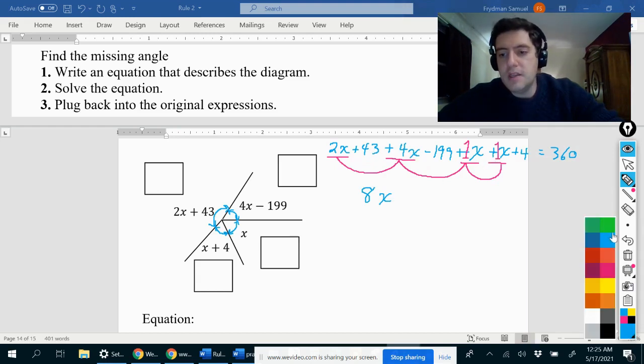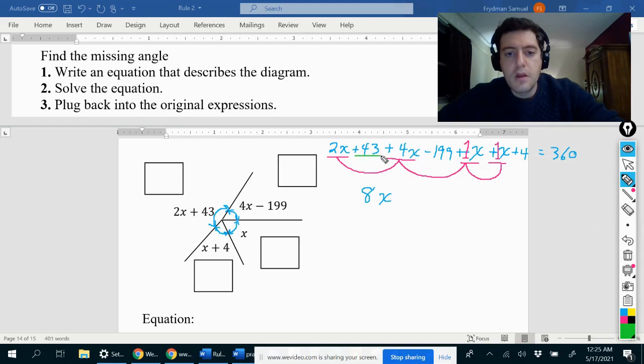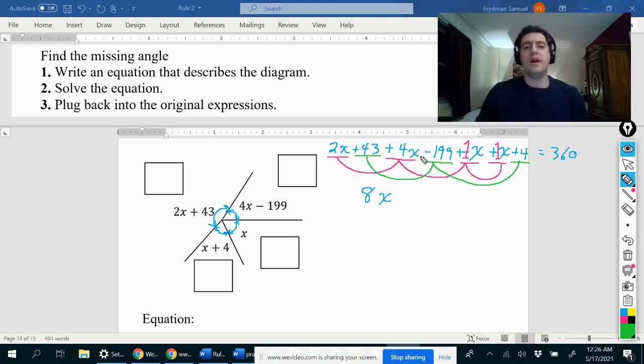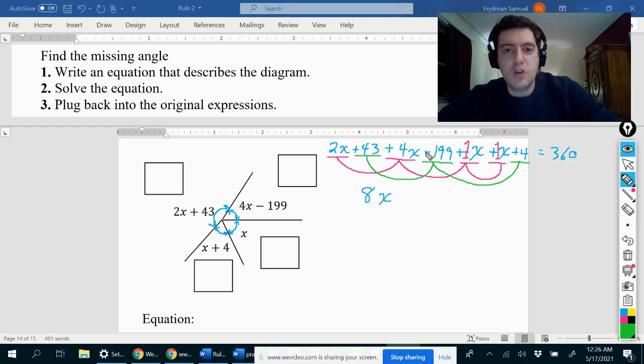Now let's combine these. 43 minus 199 plus 4. Be careful. A lot of students, when they're combining like terms, they just add everything. You have to pay attention to what symbols you see there. This is a subtraction symbol. This is addition, so this is like a positive 43 here.